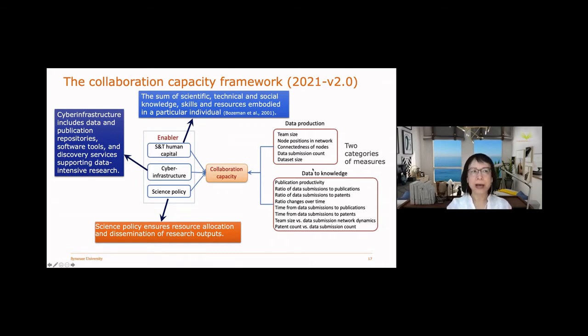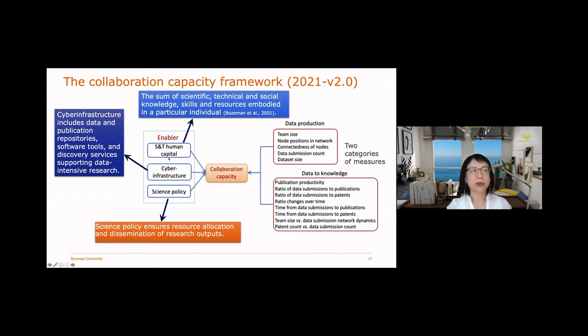The sample measures are presented in these two boxes. Through looking at collaboration capacity, our goal is to evaluate how effectively the enablers promoted collaboration capacity, or helped collaboration capacity be used more effectively by researchers or by teams.